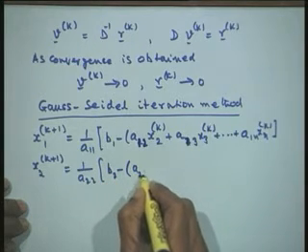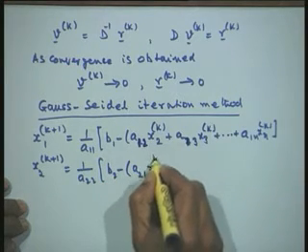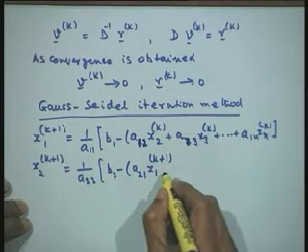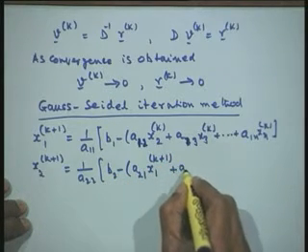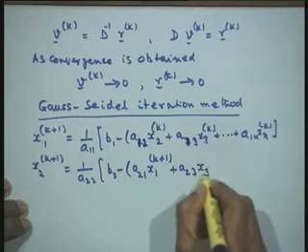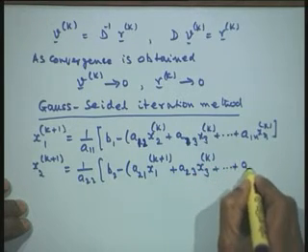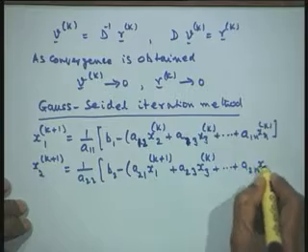equals 1 upon a 2 2 times b 2. Now, I have x 1 k plus 1 available to me, therefore, I will use that current estimate of x 1 k plus 1 with a 2 1. For a 2 3, I do not have x 3 yet, so I will use the previous estimate only, and write down a 2 n x n k.